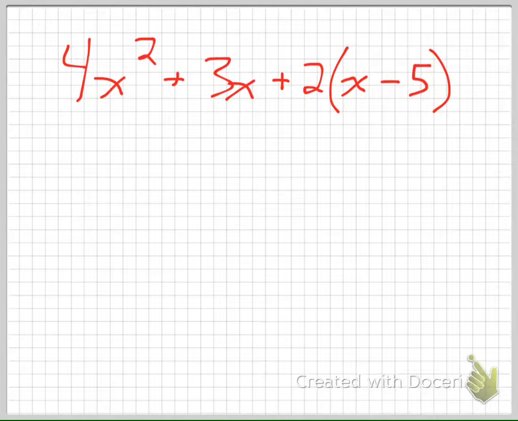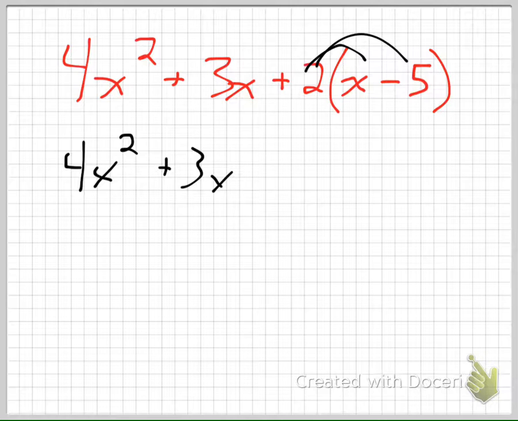Lots of things here that are kind of a mess. This thing's long and ugly. But what should you recognize right off the bat? Oh, you should look at this and see the distributive property, right? So rainbow, rainbow. We're going to take care of that right now. We're going to bring everything else down. 4x squared plus 3x.